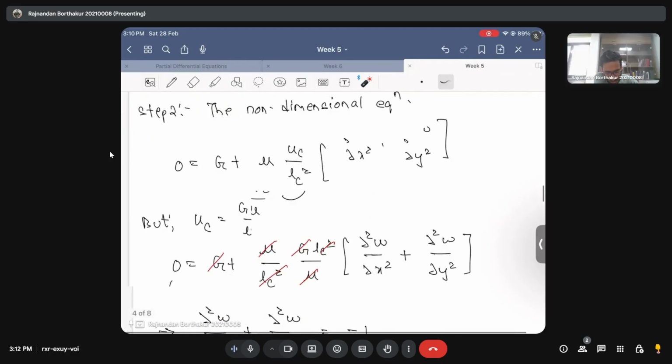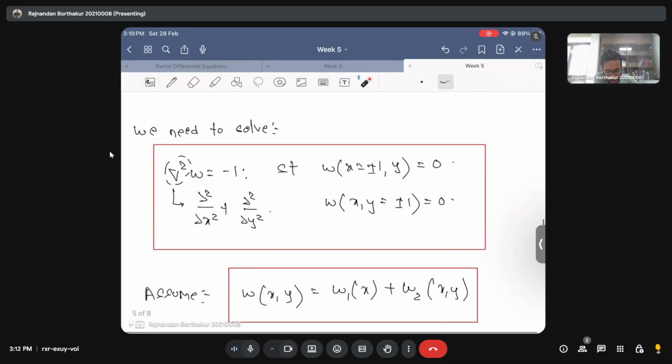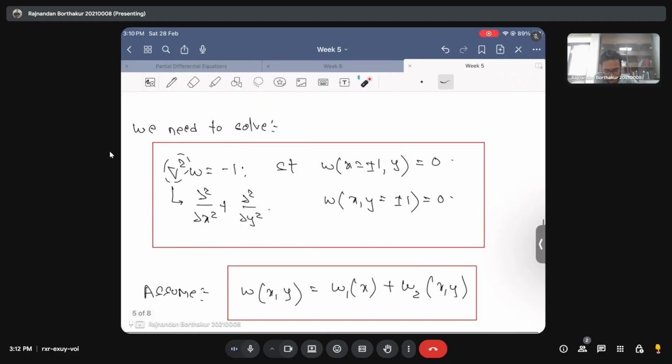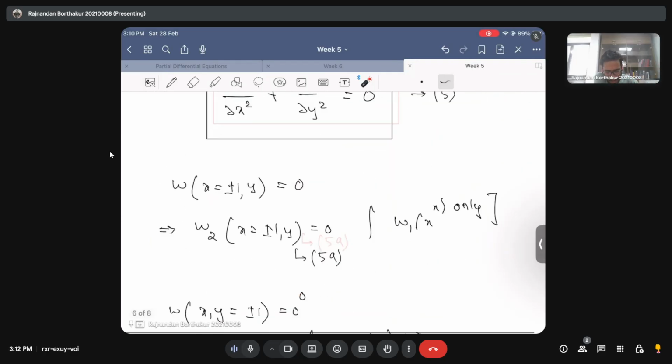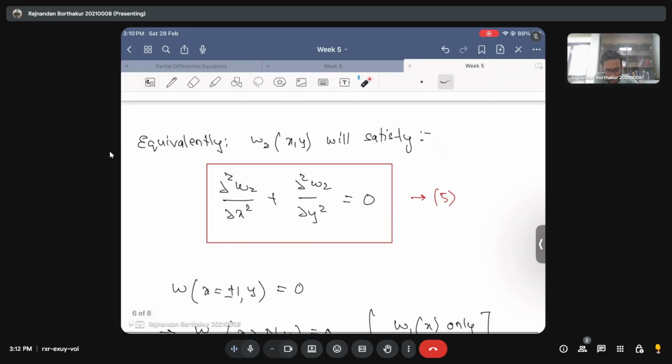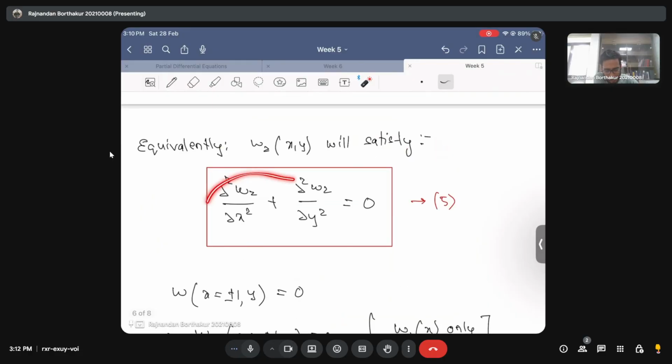Okay, so what we did is we just solved for W1, which was an ODE, and as I said, the idea is to dump this non-homogeneous part into W1 and then find an equation which governs W2. We saw that W2 is governed by the Laplace equation, and then we wrote the boundary conditions in terms of W2.